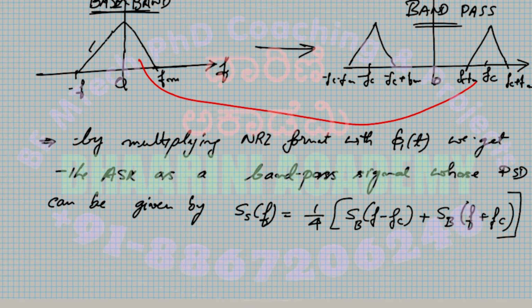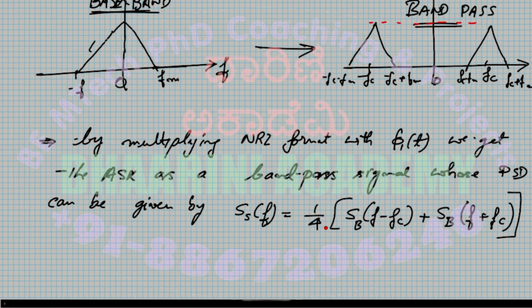I hope that is right. Yeah, the 1 by 4 is a scaling factor. So normally when this happens, amplitude will not remain same. This amplitude is different than the original. Magnitude will not remain same. All right. So because of that, you have this 1 by 4 coming into picture.